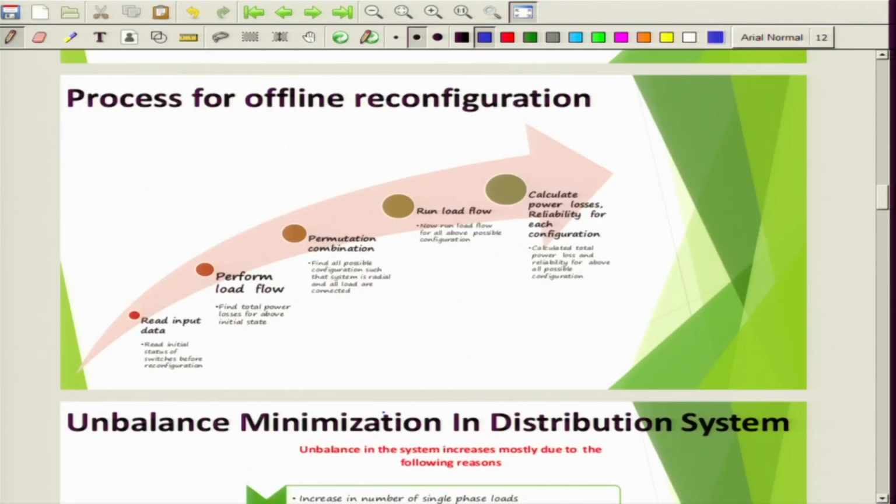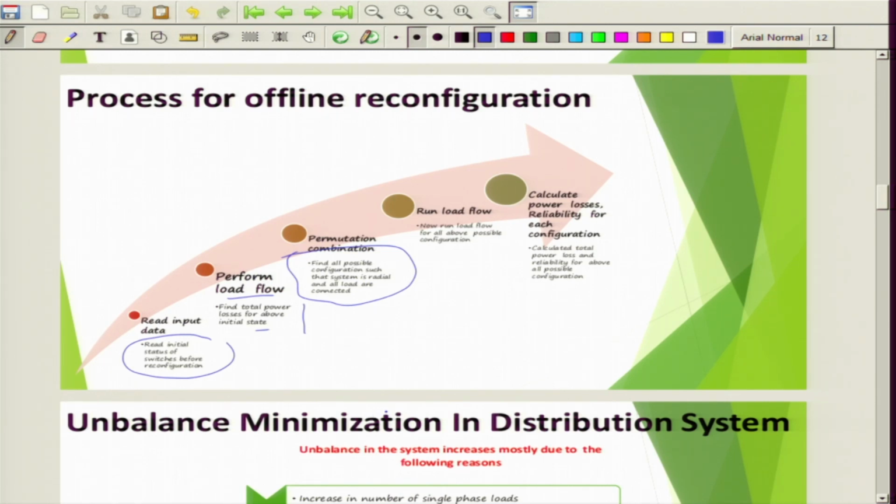So the process for offline reconfiguration: read the input data, read the initial status of switches before reconfiguration, then perform load flow. Find total power losses for the above initial state. Then, using permutation and combination, find all possible configurations such that the system is radial and all loads are connected.